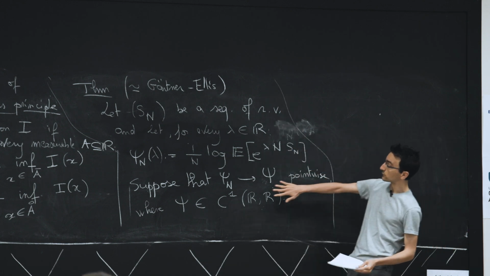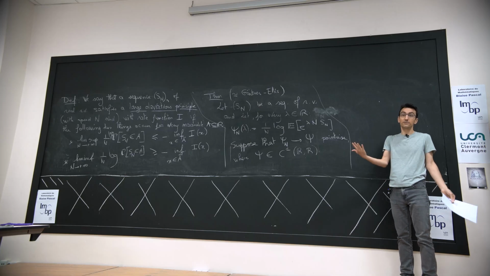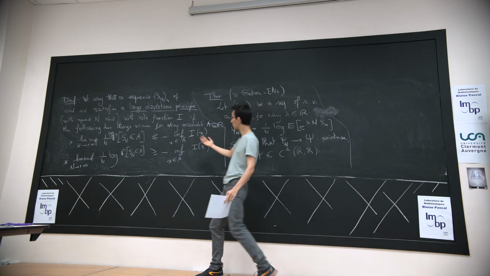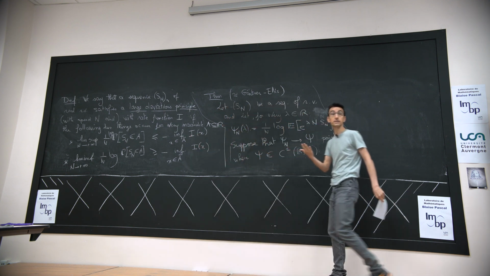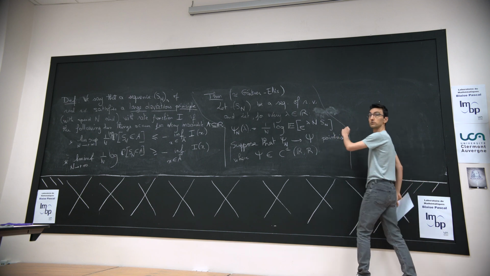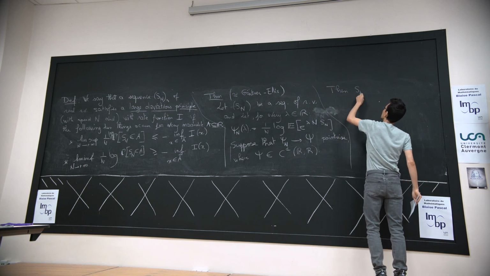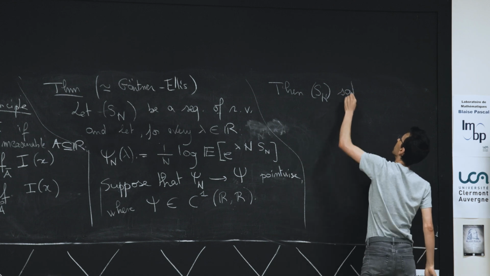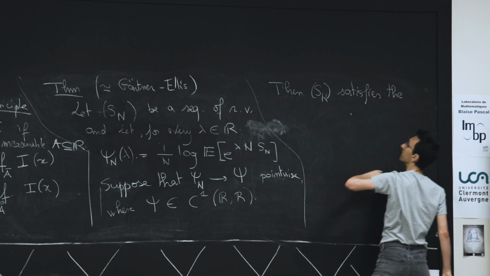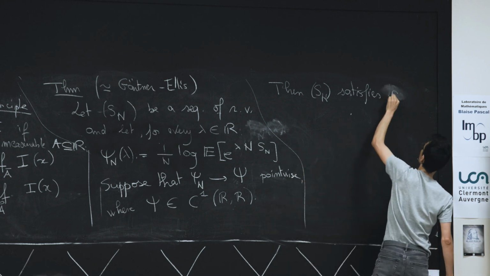And if this assumption is satisfied, I claim that what you're expecting now, I hope, is valid. Okay, the large deviation principle is true for Sn, and the rate function is psi star, this convex dual of the function psi. Okay. Is there a question? Maybe I should say a large deviation principle.